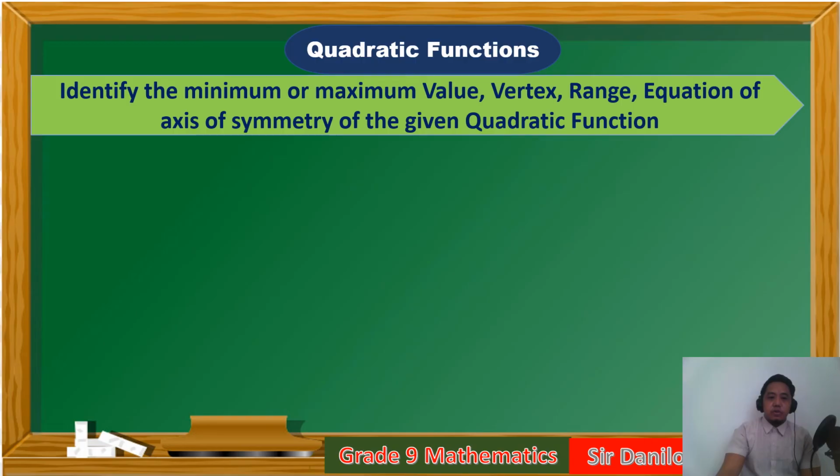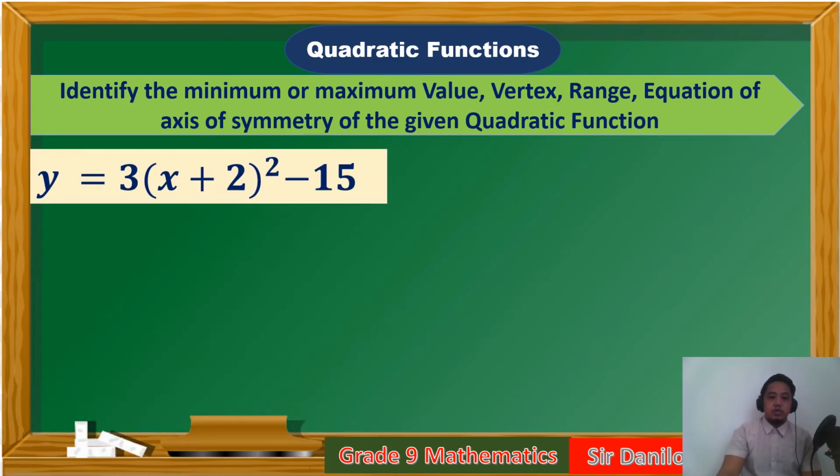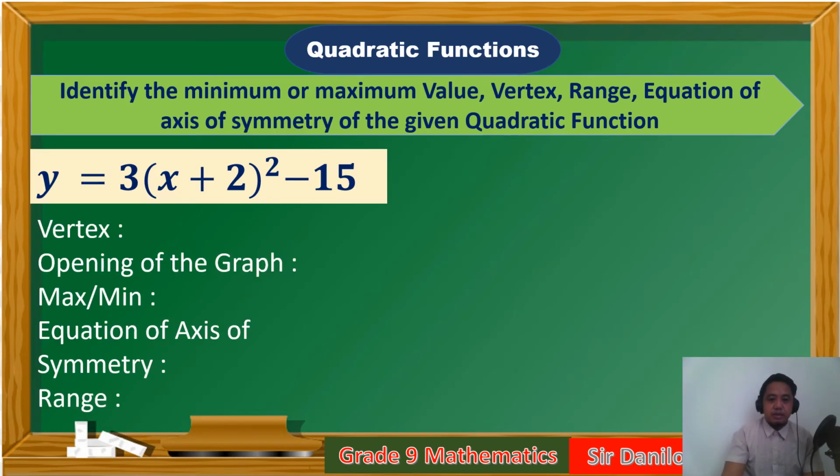Okay? So identify the minimum or maximum value, vertex, range, equation of the axis of symmetry of the given quadratic function. So number 1, ito. Napaka-basic lang nito. Kasi nasa naka-transform na. Ito yung ginawa natin kanina. Okay, vertex. Vertex natin is ito yun.